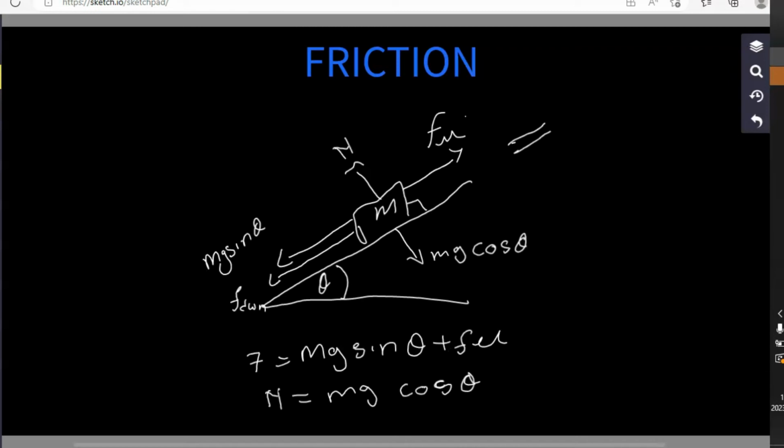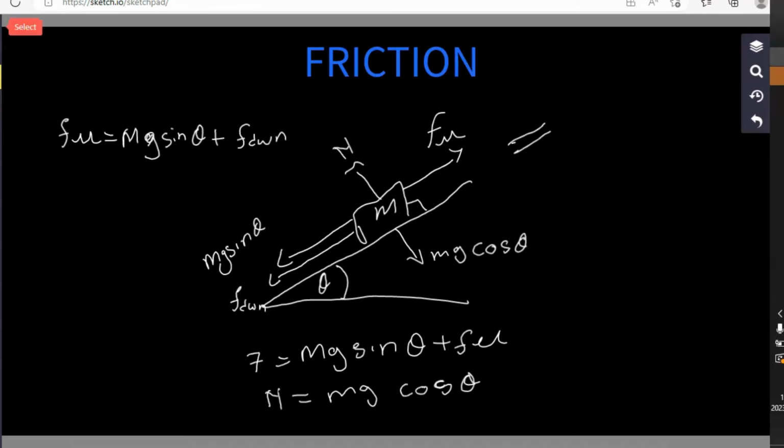Let's look: the forces going up the slope, frictional force alone, are equal to the forces going down the slope, which is mg sine theta plus the force that is applied going downward, force down. So you do not have to cram these formulas. You just have to know how to draw the correct diagram from what is described to you and then take it from there. Equate the forces going up the slope to the forces going down the slope.